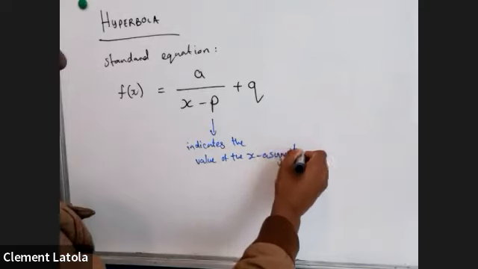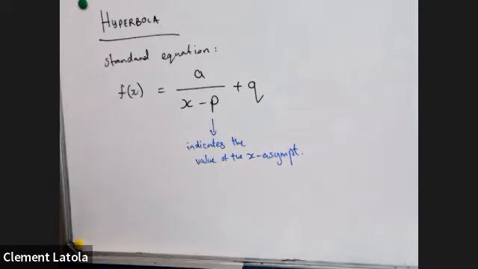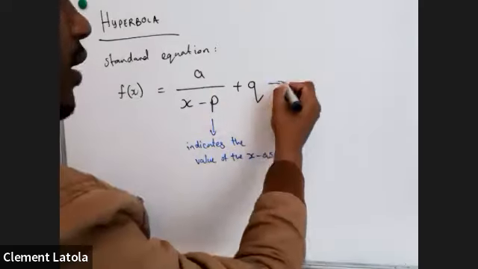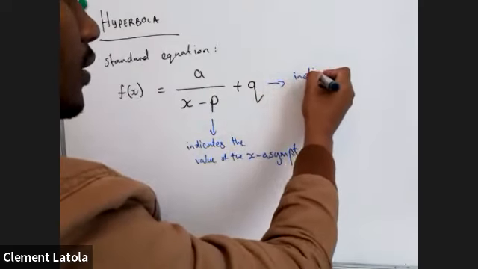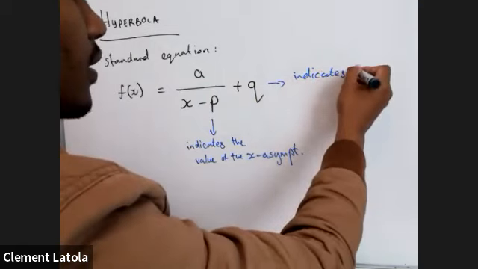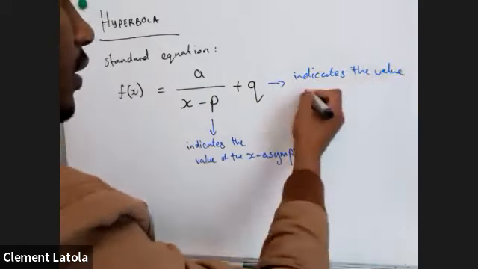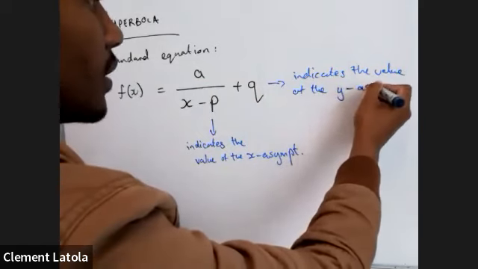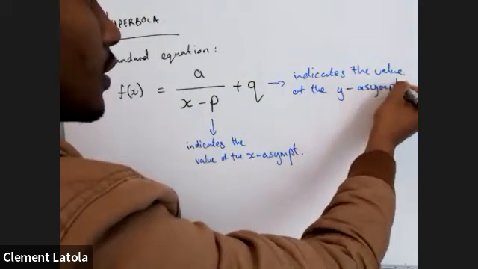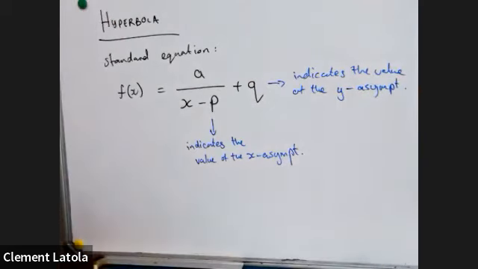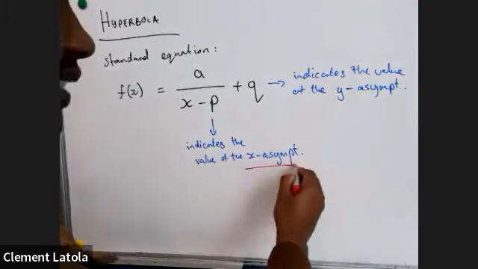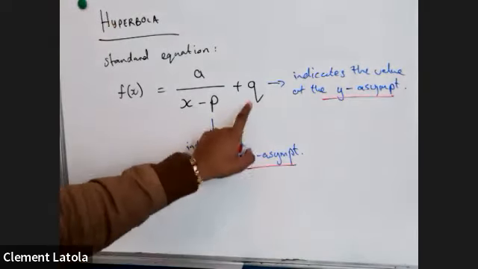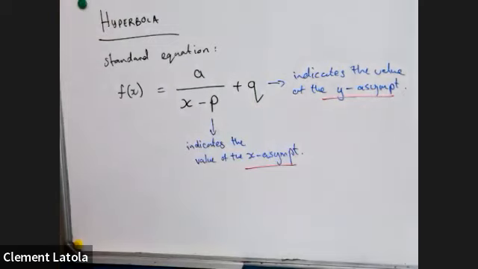You understand what I mean. And then Q's value indicates the value of the y asymptote. Important parts here are x asymptote, y asymptote. So P is related to the x asymptote, Q is related to the y asymptote.